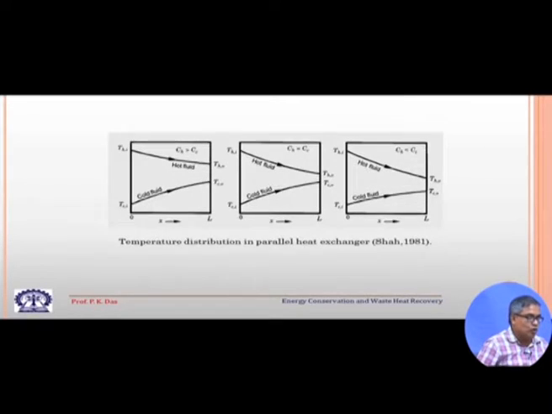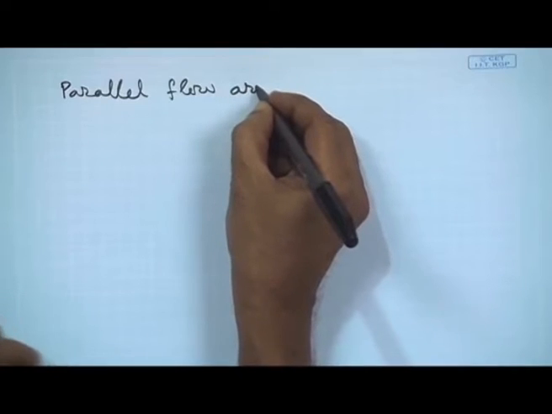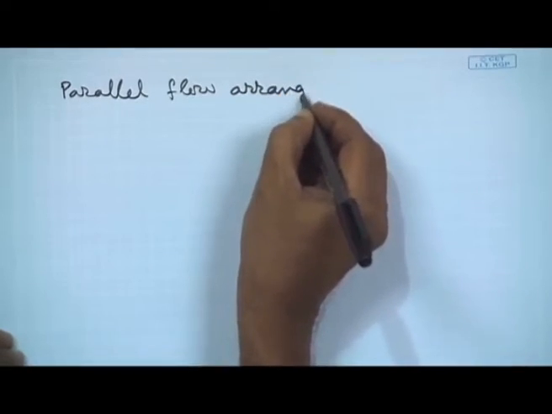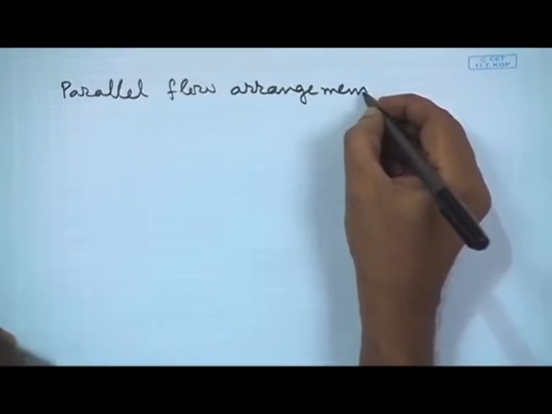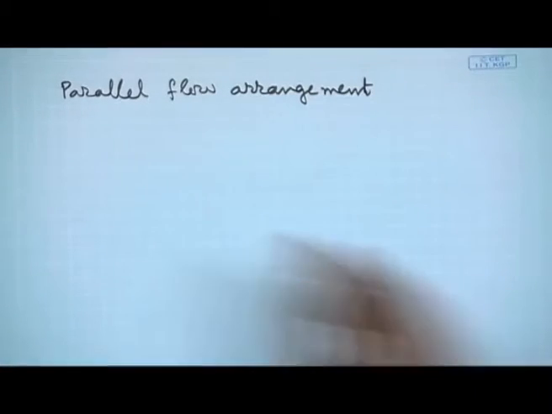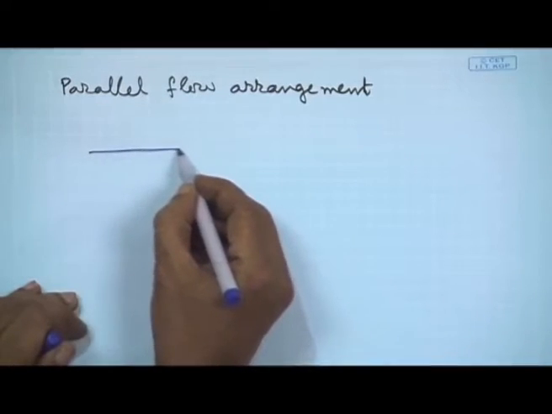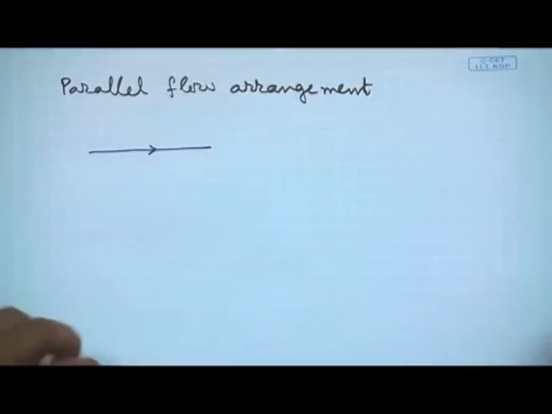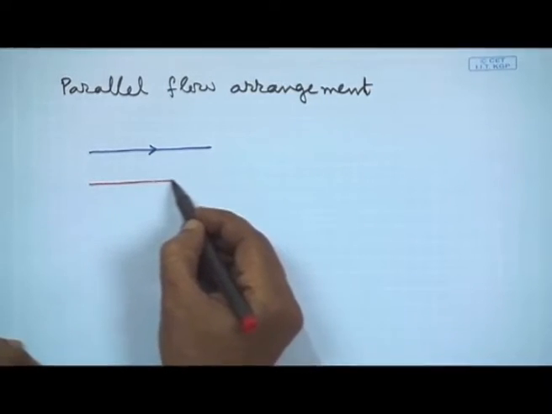Next, if we go, this is for parallel flow. So, in the parallel flow arrangement, let us say the cold fluid is flowing like this, and the hot fluid is also flowing in the same direction.